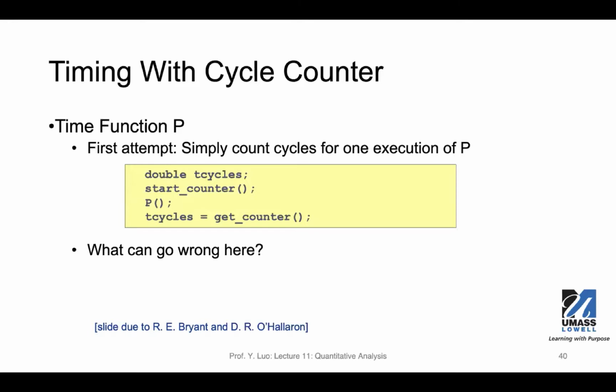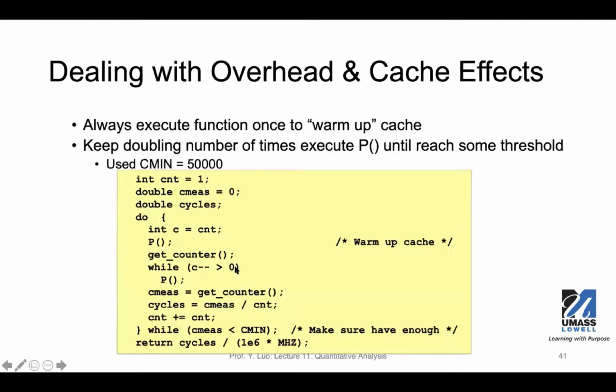So that's the overhead we were talking about earlier. To execute these lines of code, they themselves also take some time. So the number of cycles that you capture as a difference might have some big variance with respect to the time of function P. So you want to deal with this overhead and also the cache effect.